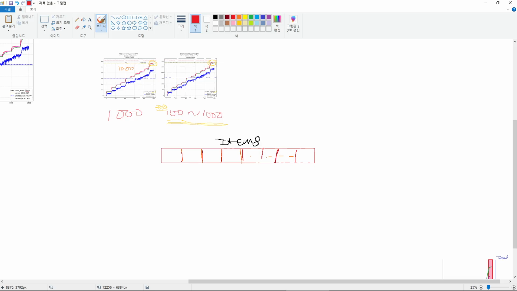So for the first 10 items I would start with this, and then for the next 10 items I would start with this, add this for the next 10, add this for the next 10, on and on until 100 items.